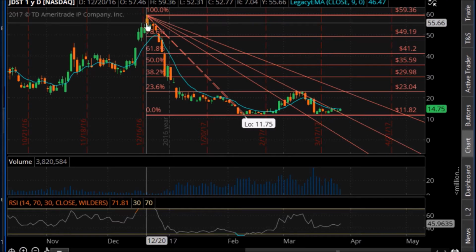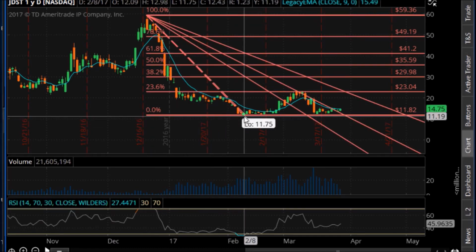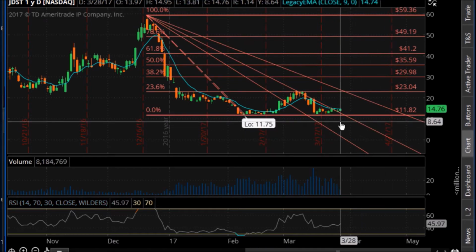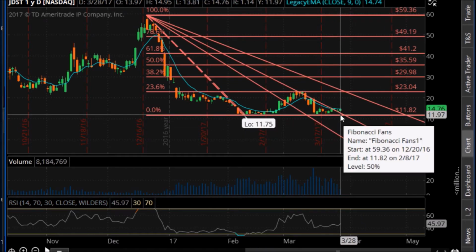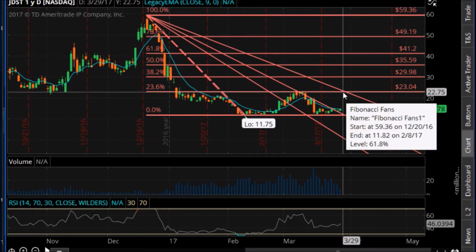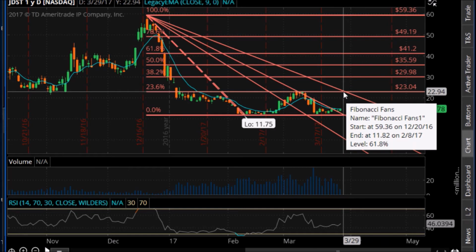And if we measure the Fibonacci retracements from that high to the low that was made of 11.75, we have a pretty good idea of the corrective retracements that we could see in this market. What we're looking at here is the first target of the 23.6% Fibonacci retracement, which corresponds to 23.04.